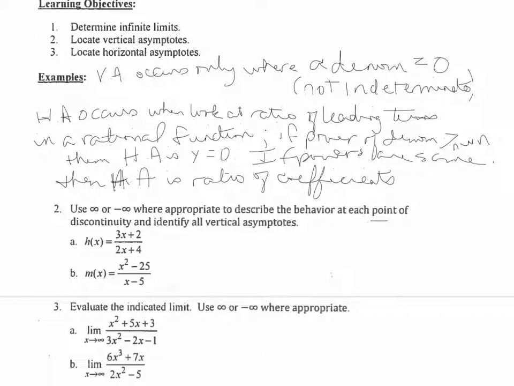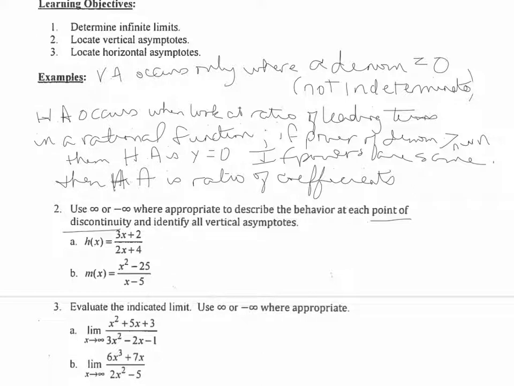All right, a point of discontinuity means we're going to have some value for x where it's not in the domain. Okay, instead of the whole set of real numbers, there's some value of x you can't use. Where would be the place that I could find that if it exists? What would give me trouble as far as domain values if what became 0? Which part of my fraction, numerator or denominator?